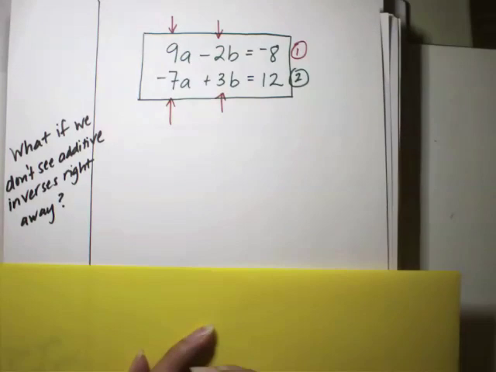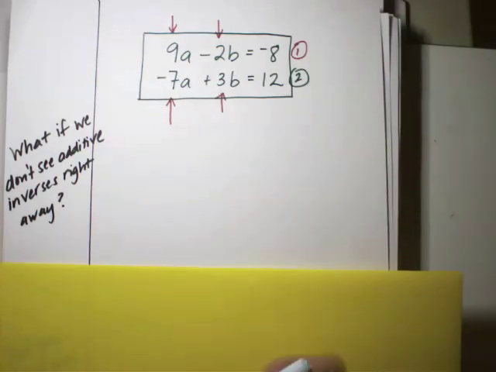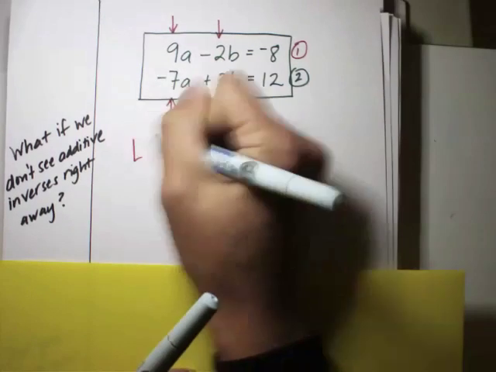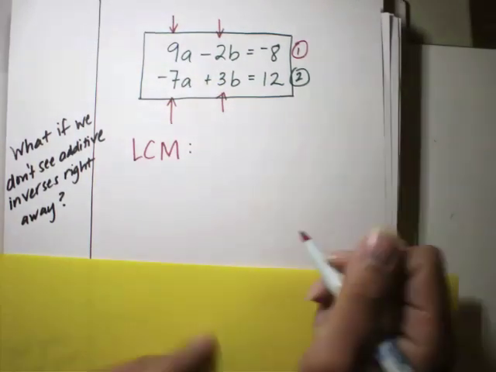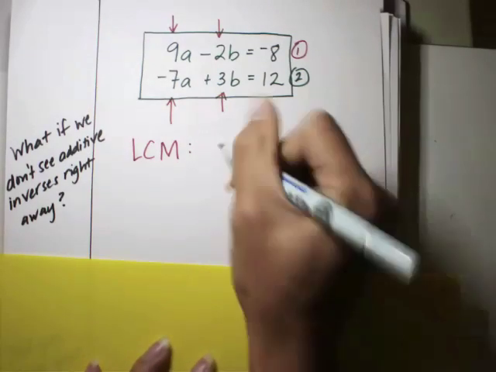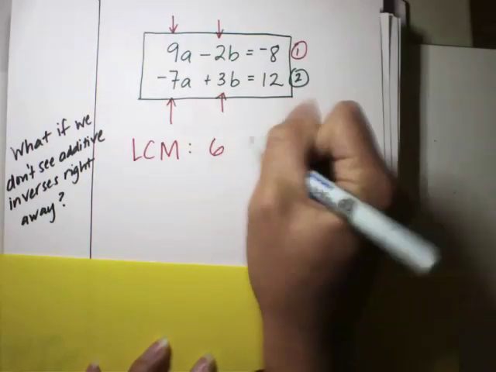And the key here, you're looking for the lowest common multiple. I'd much rather work with the negative 2 and the 3.